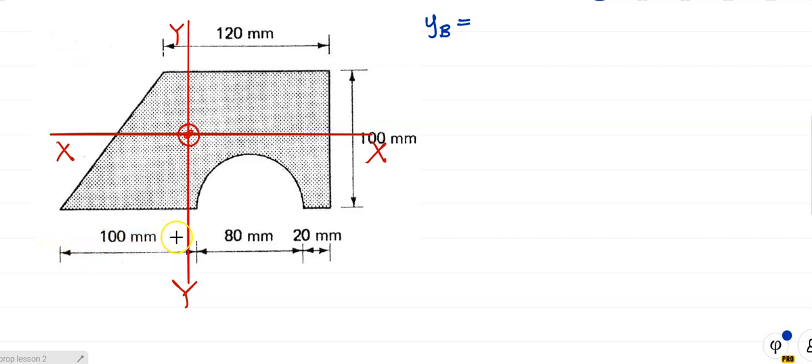Then I'm going to calculate x left, and then work out x right. Sorry, let me say that again. If I'm working about this point, I'm going to get y bottom first, and then calculate y top from the full depth, and then determine x left, and then work out x right from the full width of the section. So that is equal to the area multiplied by y over the total area.